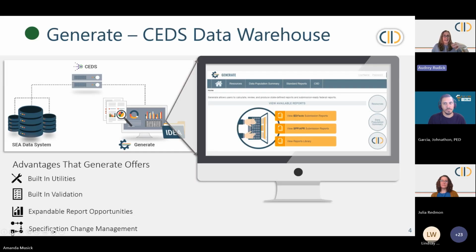Once you've collected and integrated that data into Generate, our goal is to do that work once and then use the data many times. Finally, updates to Generate are community-driven, with a governance group and the Common Education Data Standards open source community helping to steer that work. And for more information about Generate, you can see CIID TA's new Generate page, and that link is in the chat for you. Thanks so much, Lindsay, for getting it there.